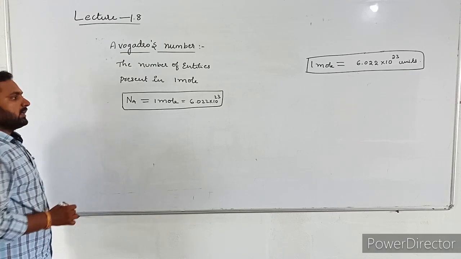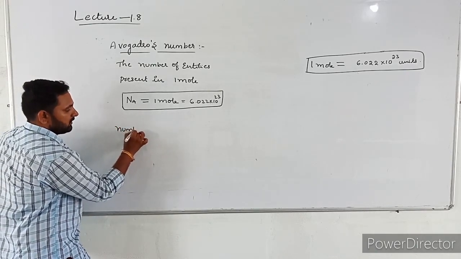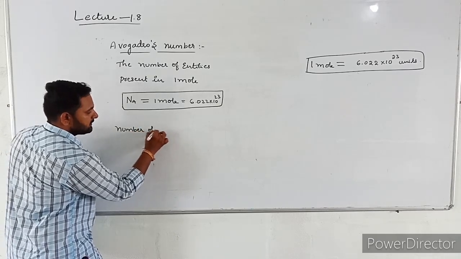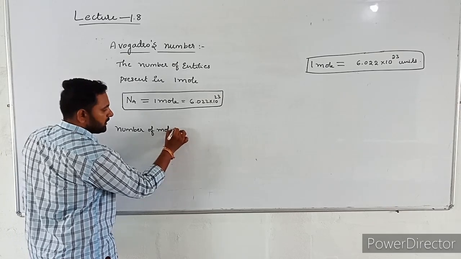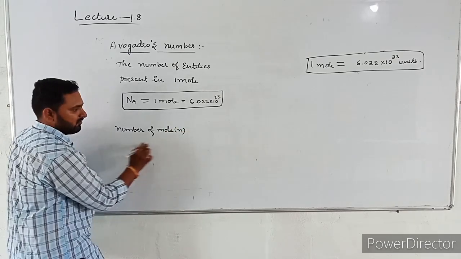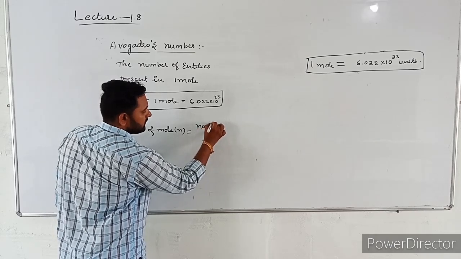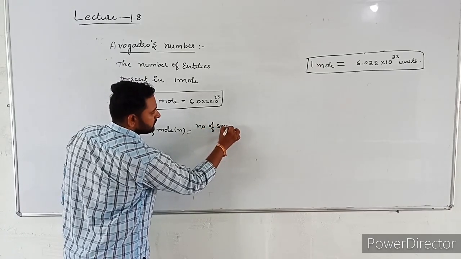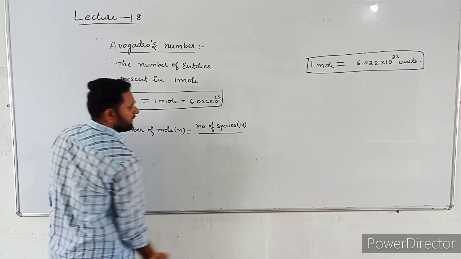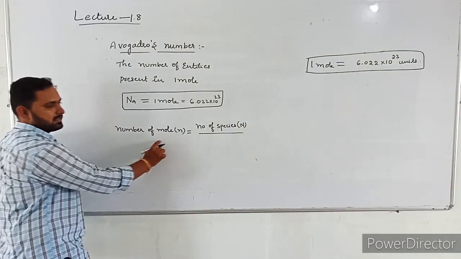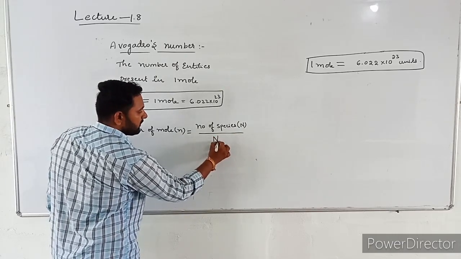Okay. To calculate the number of moles, we use this formula. The number of moles is denoted by small n. Number of moles is equal to number of species, denoted by capital N, divided by Avogadro number.